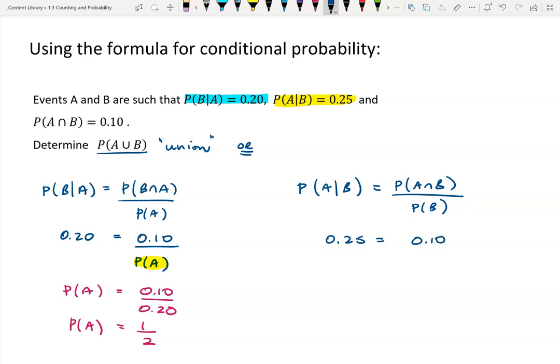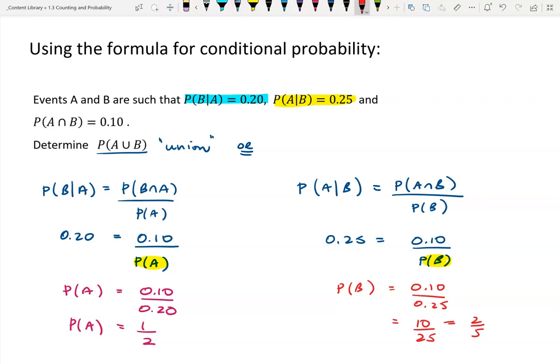We know the intersection is 0.10. But what we can do is find the probability of B. So the probability of B is going to be 0.10 over 0.25, timesing the top and bottom by 100 to get rid of the denominators. We've got 10 over 25 or 2 over 5.